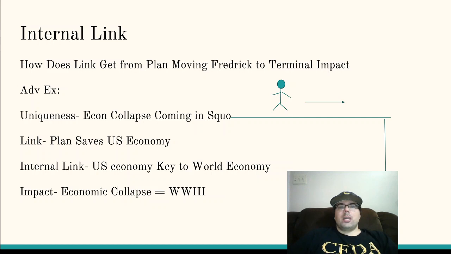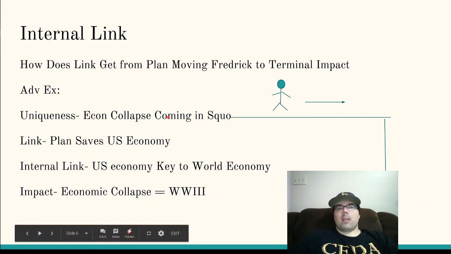Well, an internal link is how do you get from the link of moving Frederick to the terminal impact. Now, I'm going to suppose that you understand that falling off the cliff is probably a bad thing. So, an internal link usually operates somewhere in here and explains why Frederick moving in this direction actually causes him to fall off the cliff.